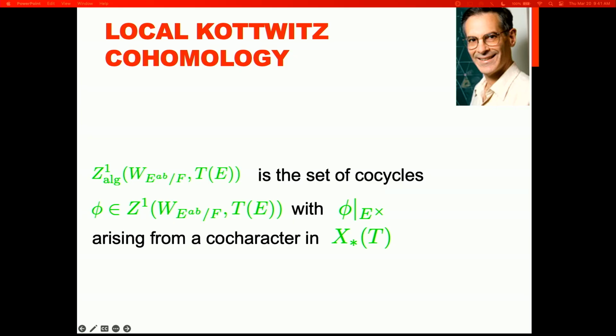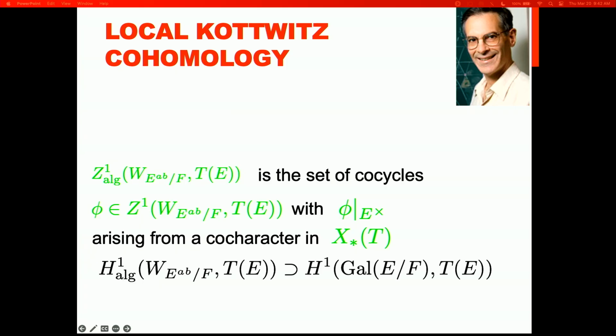And he suggested not taking the whole of the cohomology of the Weil group of the maximal abelian extension of E over F, but simply the part of the cohomology given by cocycles whose restriction to E cross, sitting inside the Weil group of E ab over F, come from an algebraic map of tori from Gm to T, so an element of the cocharacter lattice of T. And coboundaries are exactly the same thing.